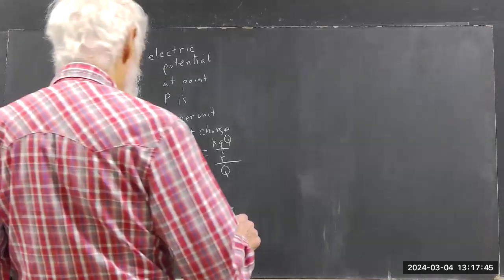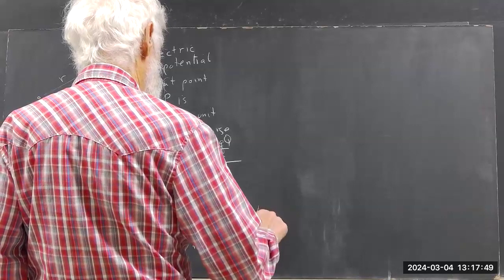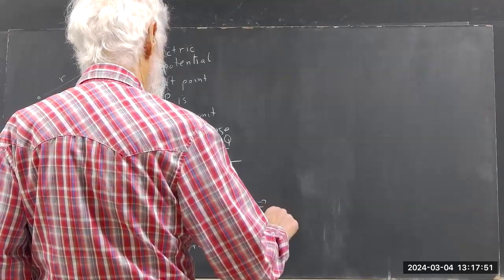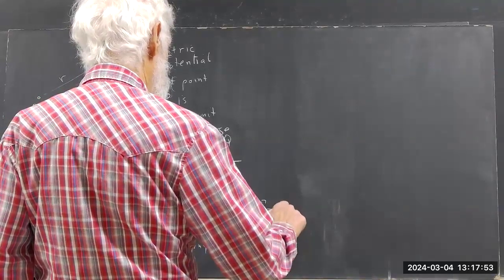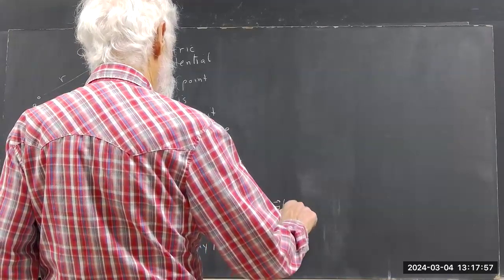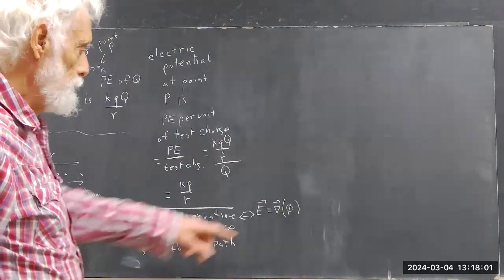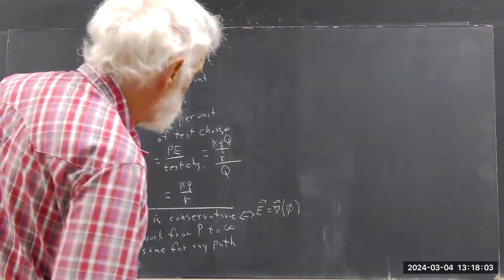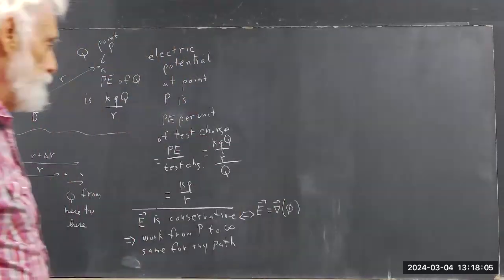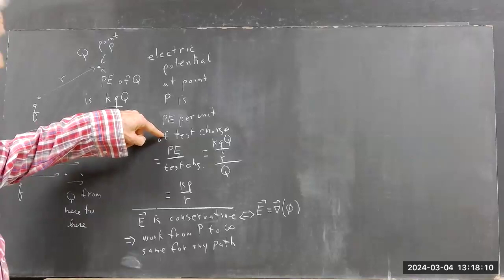If and only if P is a gradient of some potential function phi, then this is a potential function.